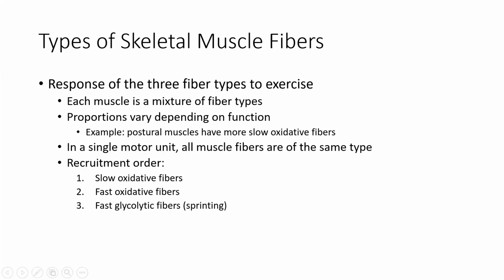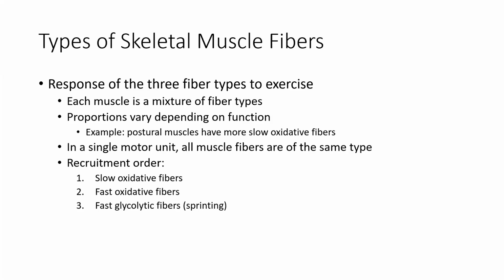And then we also want to look at the correlation to the recruitment here. Because slow oxidative fibers are smaller in diameter, we're going to recruit them first. This correlates with the size principle that we spoke about the last time we met, in our last unit. The size principle, we saw that smaller fibers are going to be recruited first. Faster, larger fibers are going to be recruited last.